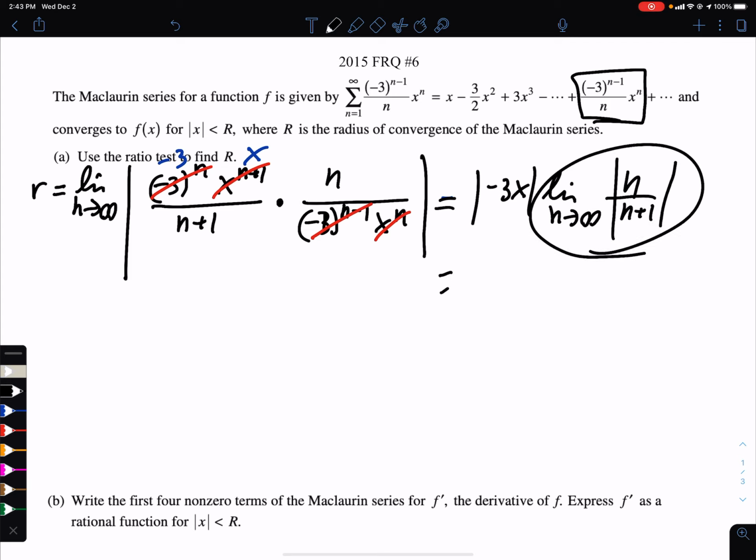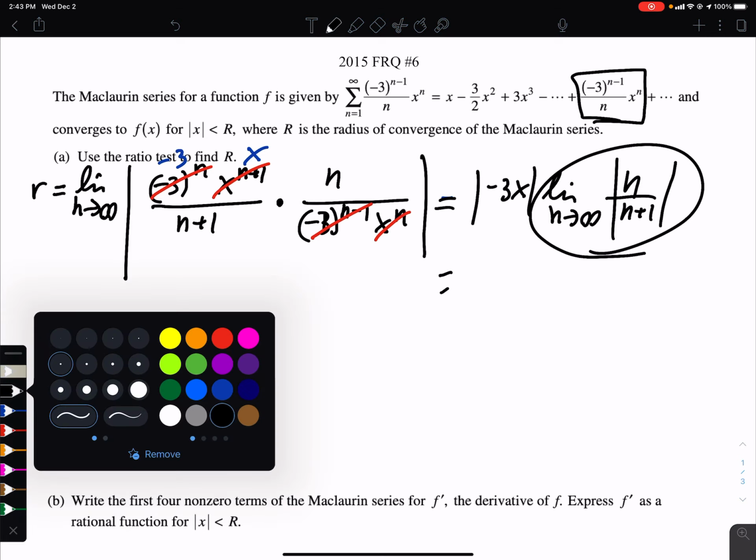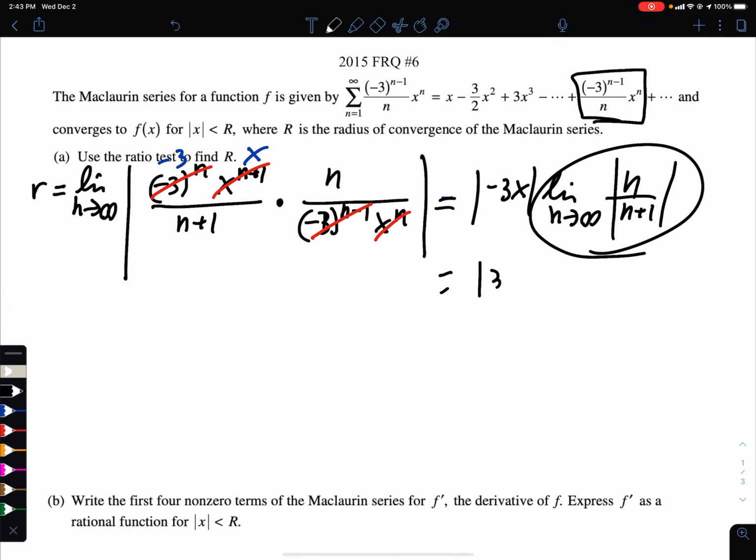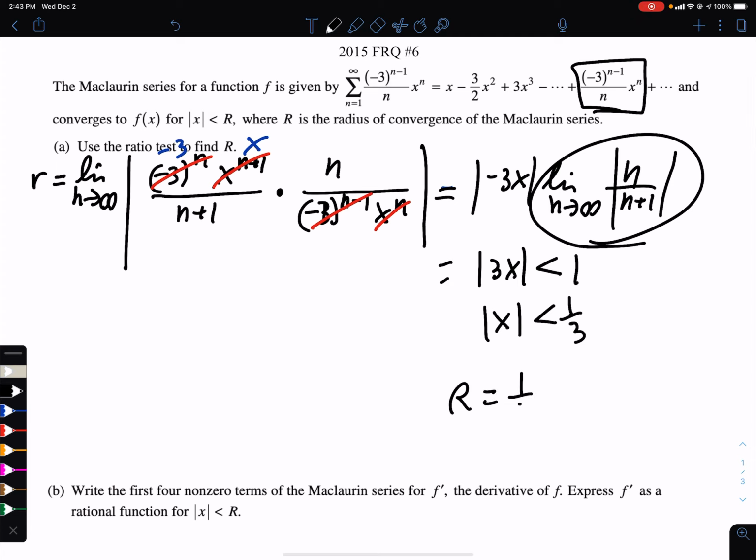Well, this is just going to approach 1. So it's the absolute value of 3x. And in the ratio test, when r is less than 1, it will converge for sure. Divide both sides by 3. So we have found our r is 1/3. That is part A.